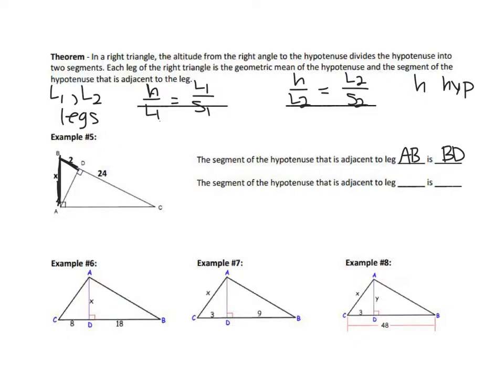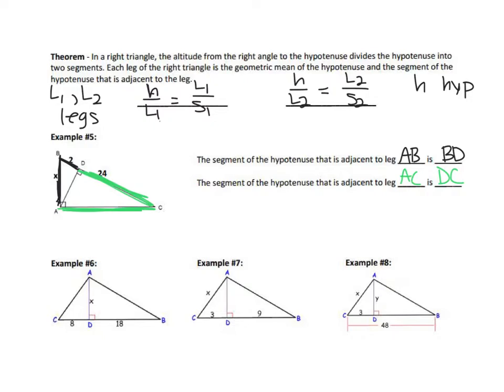And the segment of the hypotenuse adjacent to our second leg, leg AC, is going to be DC. It is easier to see this relationship from a picture instead of just talking about it. Adjacent is the part of the hypotenuse that touches that leg.